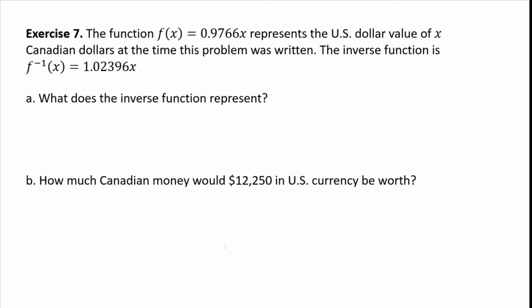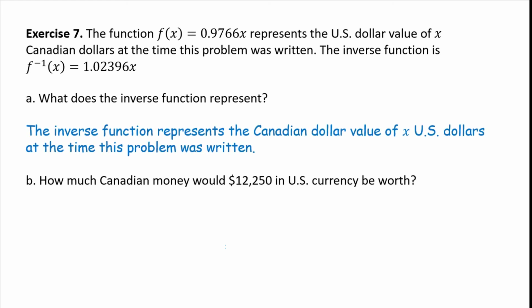Part A. What does the inverse function represent? The function itself represents the US dollar value of x Canadian dollars. An inverse function reverses that function behavior, so the inverse function represents the Canadian dollar value of x US dollars at the time this problem was written.